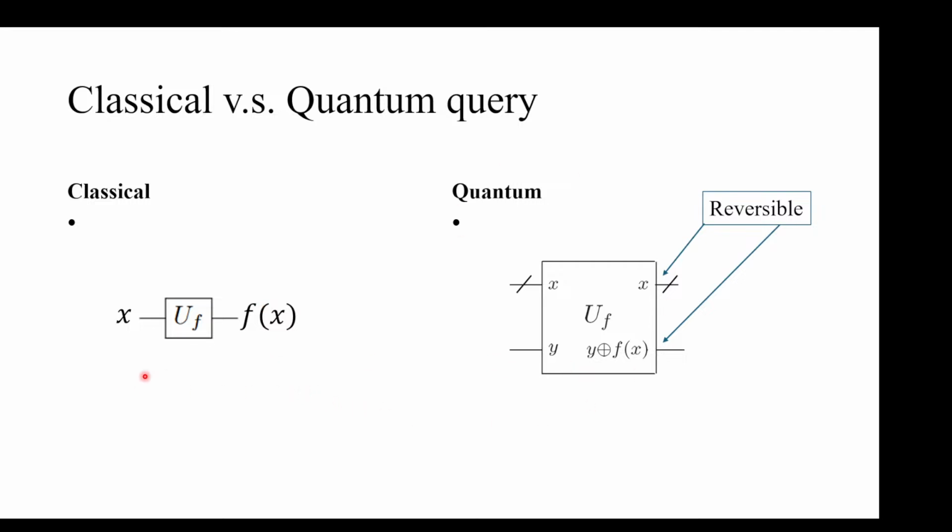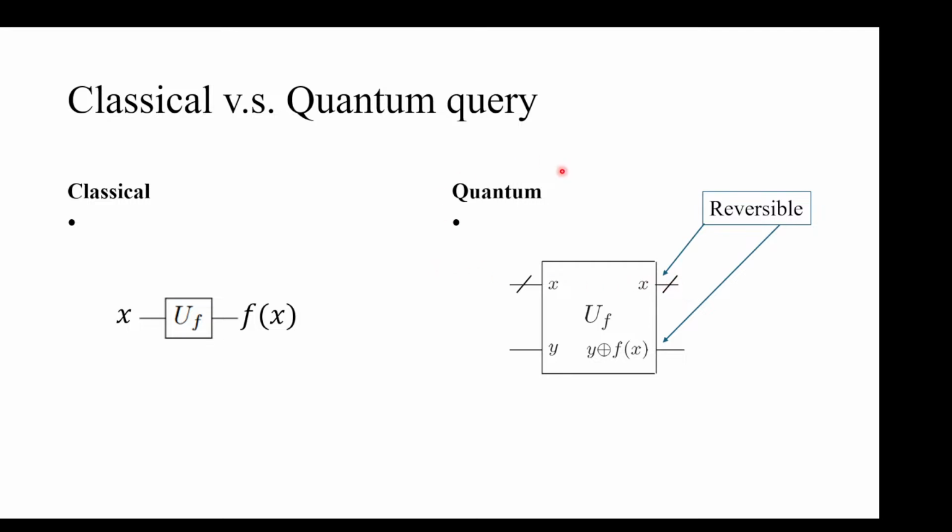And I also want to say, why don't you have a quantum oracle just do this? Here I want to argue why you can't do this. First of all, this can be non-reversible. Say you have a constant function, you map all x to 0, and that's a non-reversible operation, not a unitary.